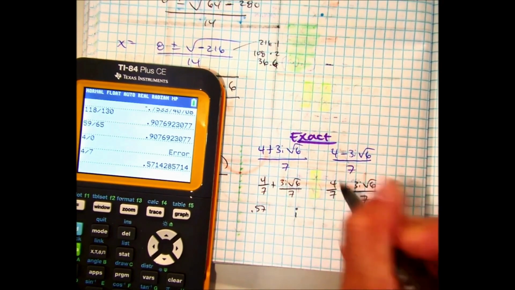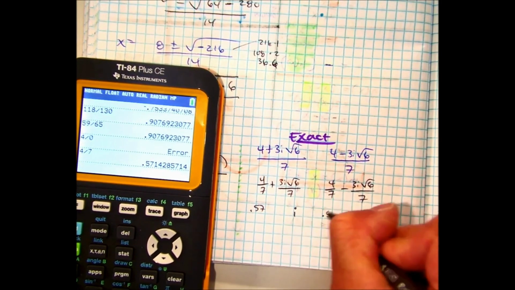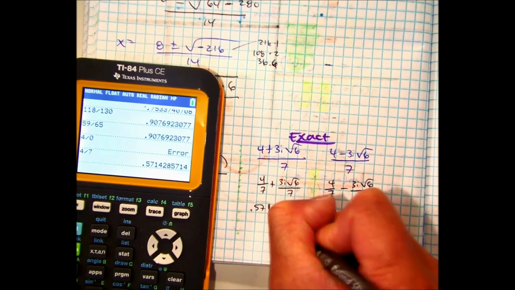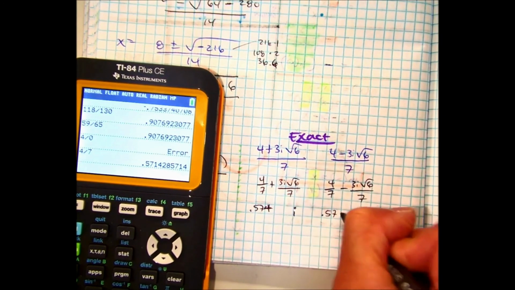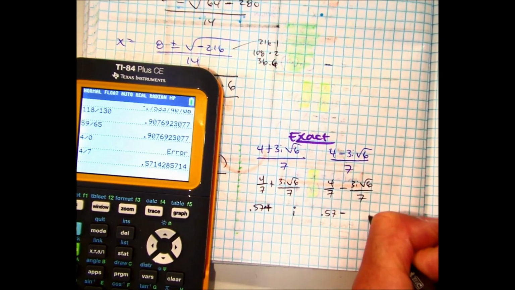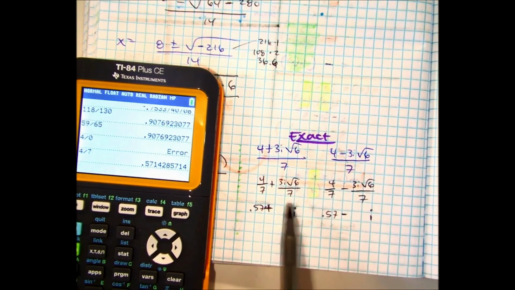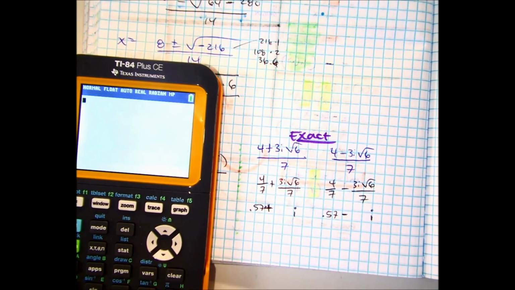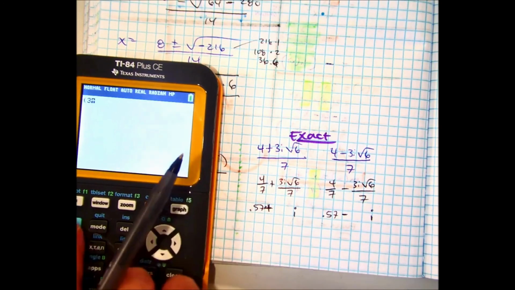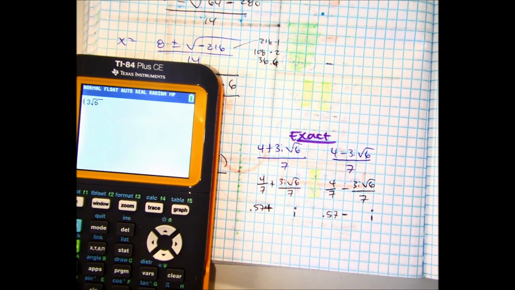So 4/7 rounds to about 0.57. And now I'm going to put in 3 radical 6, press the right key, go out of the radical, close parentheses, divided by 7.